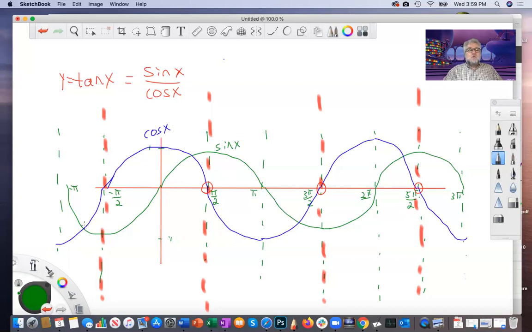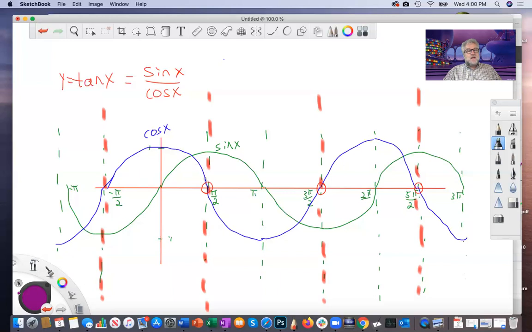So when we look at, I really like that heavy marker thing. Let's do that in purple. There we go. Okay, so sine over cosine. Here, sine is positive and cosine is positive. So tangent's going to be positive over positive. It's going to be positive here, but it's going to be negative here.